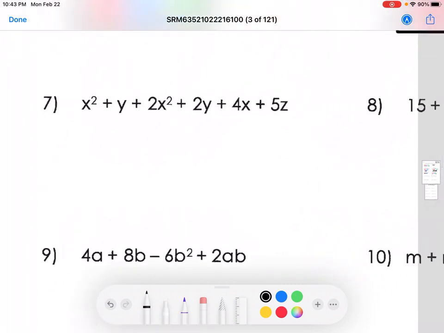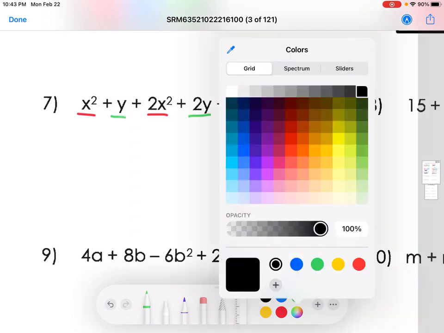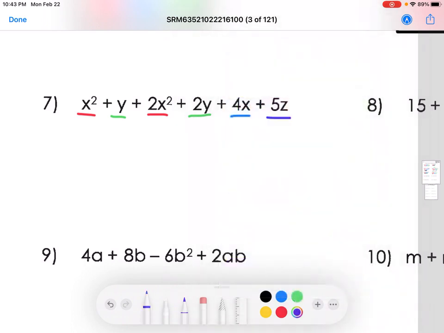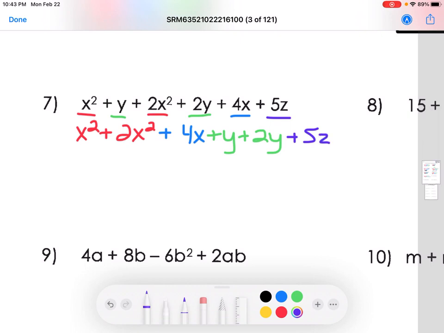Number 7. So I have x squareds. I have x. I have y and 2y. And then I also have a z. So x squared plus 2x squared plus 4 times x plus y plus 2 times y plus 5 times z.